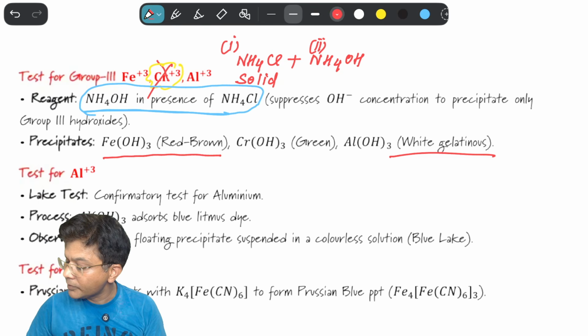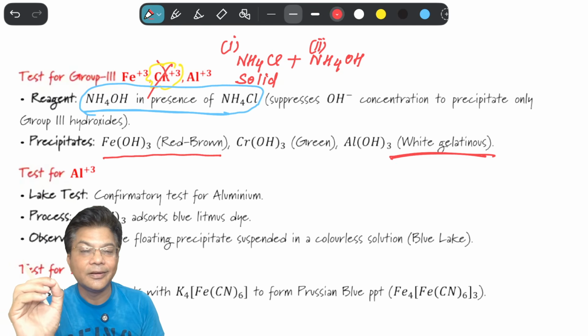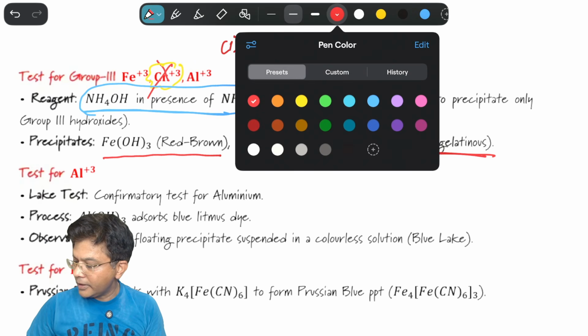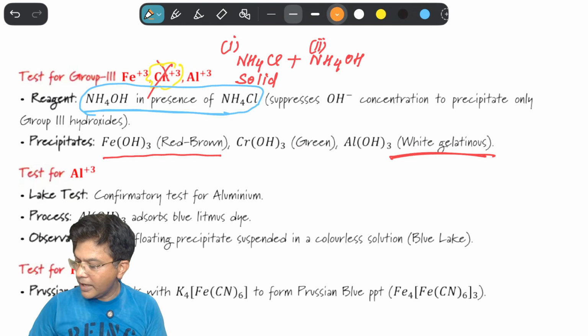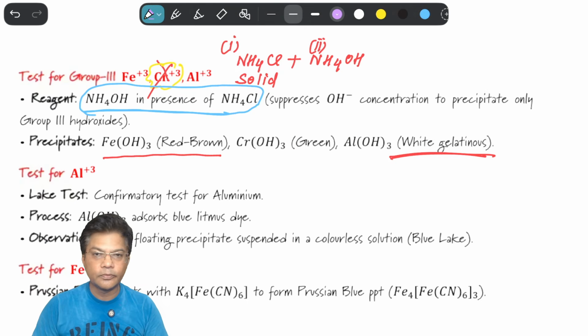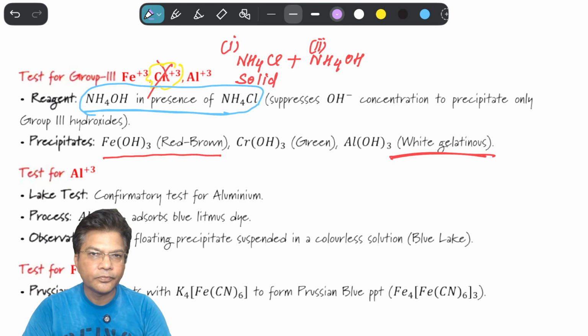Remember the name, gelatinous white says it is aluminium hydroxide. I hope the names are clear to all of you. Reddish brown precipitate, Fe3+; gelatinous white, Al3+.